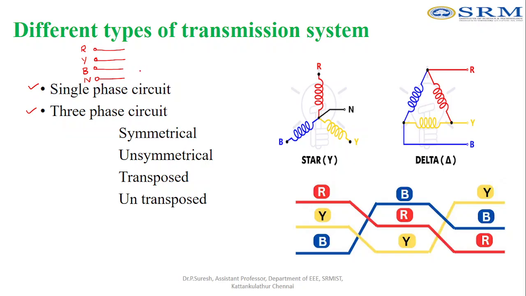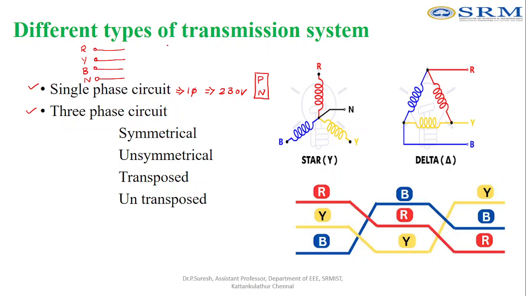Okay. When I want a single phase system, we require 230 volt. For making the single phase system, I have to take any one of the phases to the neutral. If I measure the voltage between any one of the phases and the neutral, it is called a single phase system.